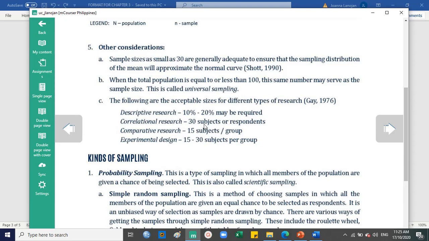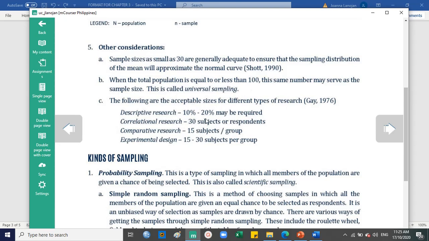So it's okay to have 50. If you can have 50 respondents, then good. If you can have 100 respondents, that's better. But you can stick to 30 if you want an acceptable size.